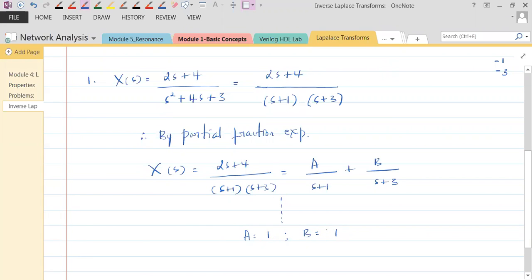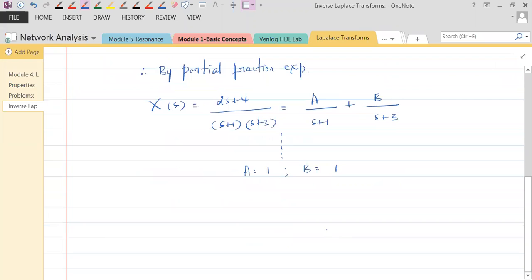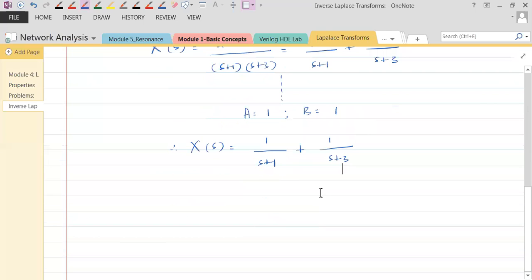Therefore, by the partial fraction method, we have obtained our x of s to be this. Call this equation number 1.